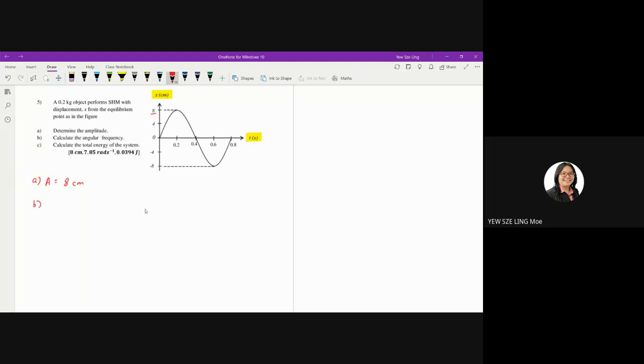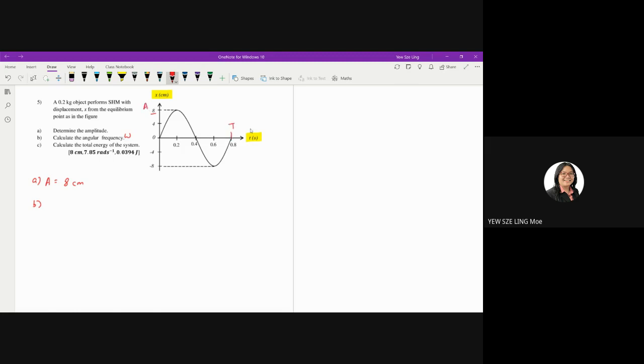So question B, calculate the angular frequency. Angular frequency is omega. Okay, it's not f. Jangan nampak perkataan frequency, kamu ingat dia adalah f. Ada perkataan angular di depan dia. You have angular in front of frequency, so it is not f, but it is omega. Based on the x-t graph, the information that we can get other than A is the period.